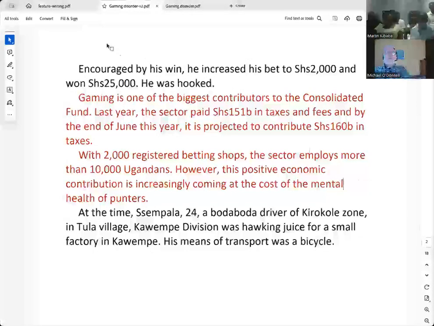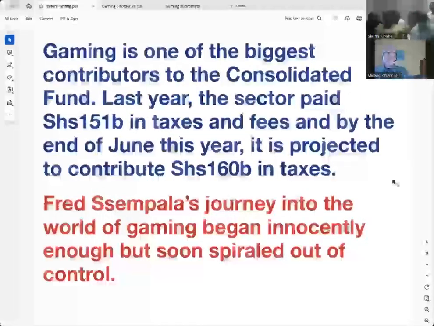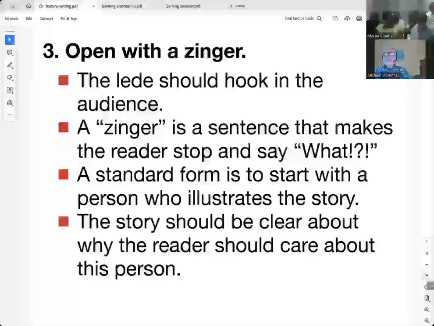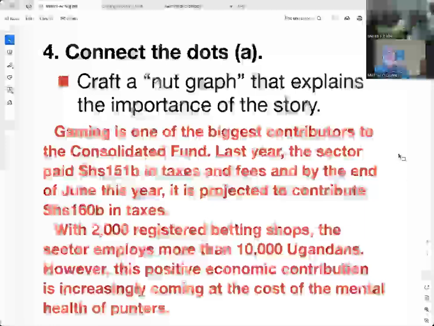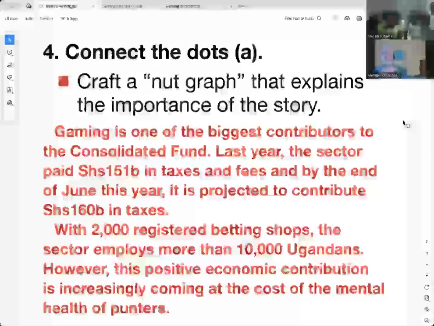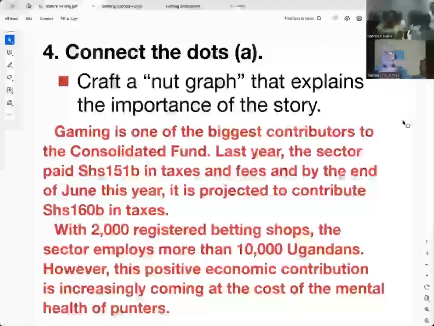Okay, so we're going to come back to the story in a minute. All right. So we'll go back up here, open with a zinger. So now we have that, and then connect the dots. The nut graph, and this is an old American journalism term, explains the importance of the story. And here we see the two paragraphs that I pointed out in the story: gaming is a big contributor to the taxes.